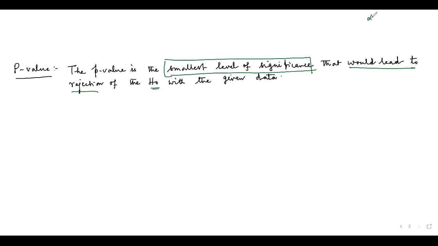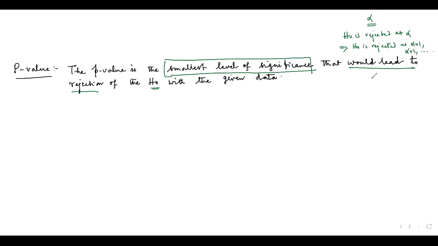Suppose your level of significance is alpha, and with this level of significance we are rejecting the null hypothesis. It is a kind of probability, you already know that. So if a null hypothesis is rejected at alpha, this implies it will definitely be rejected at alpha plus 1, alpha plus 2, and so on.